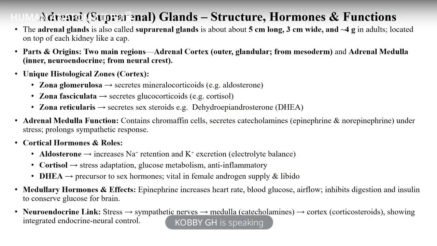Here, know that the adrenal gland has 2 broad regions. What are the 2 broad regions? The adrenal medulla and the adrenal cortex. Now, the adrenal cortex is further divided into 3 zones. What are the 3 zones? The innermost zone is the zona reticularis. The middle zone is the zona fasciculata. The outermost zone is the zona glomerulosa.